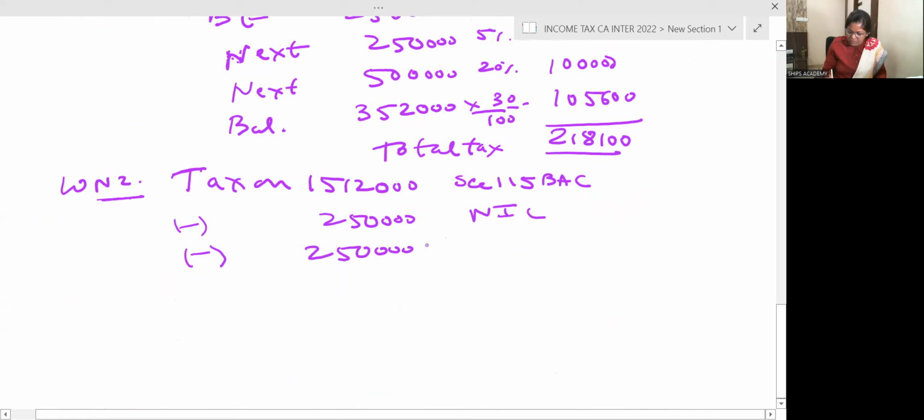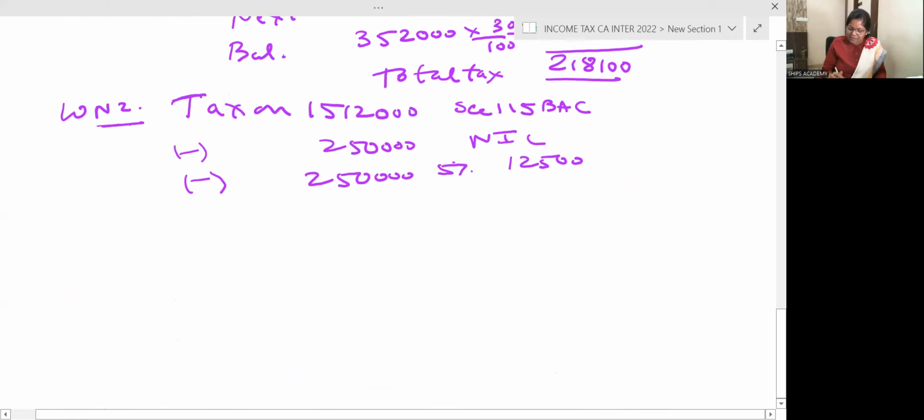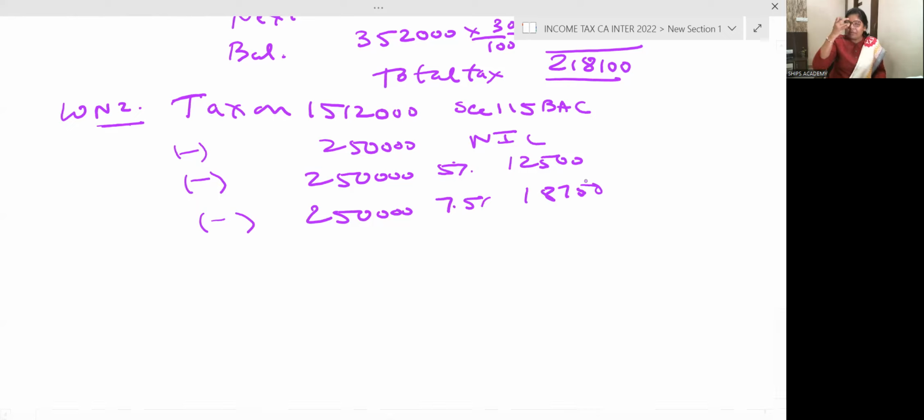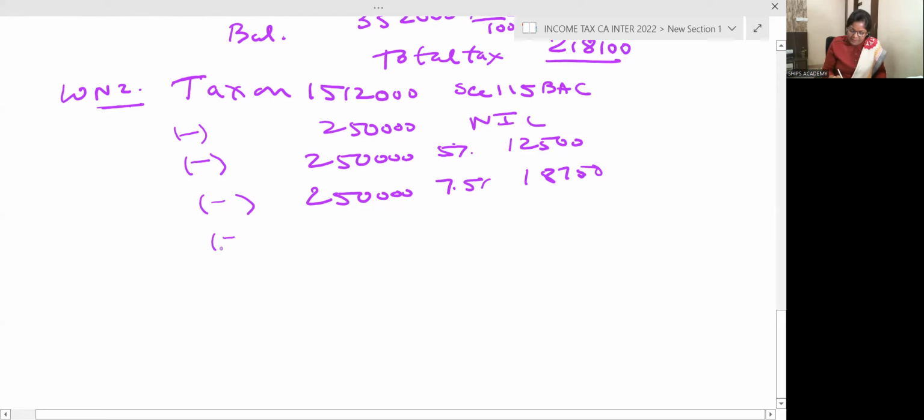Next 250 5%, 12,500. अब सीधा 5 लाख नहीं है. Next 250, 7.5%. Next 250, 7.5%, 18,750. To save time in exam, you can put 250 in your M+. Please use the calculator to the best so that you can speed up in the exam.